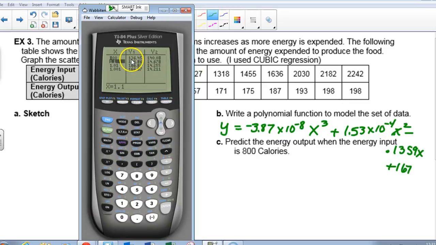Using Y1, which was the cubic, I get 136. Using Y2, which was the power, I get 140. Is that a huge difference in caloric output? Probably not. So with our cubic, we got an answer of 136.45, 136.5 calories.